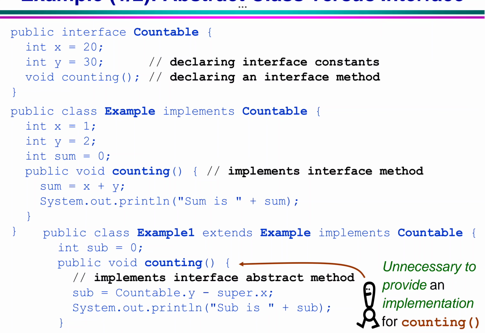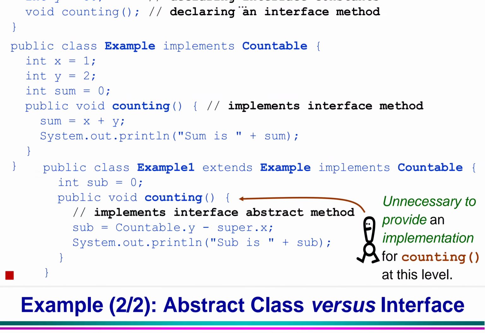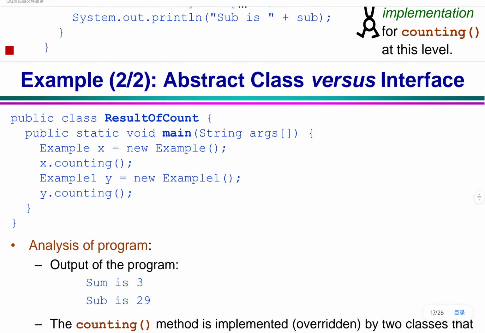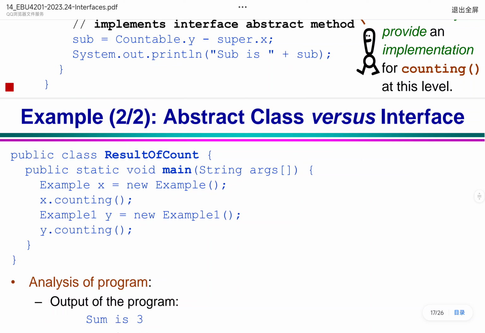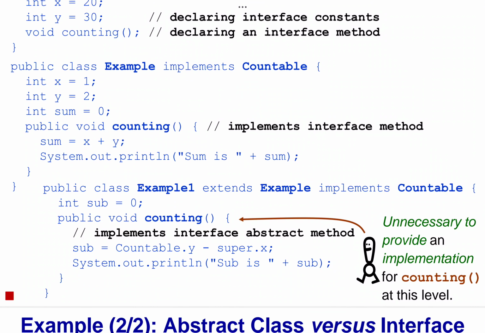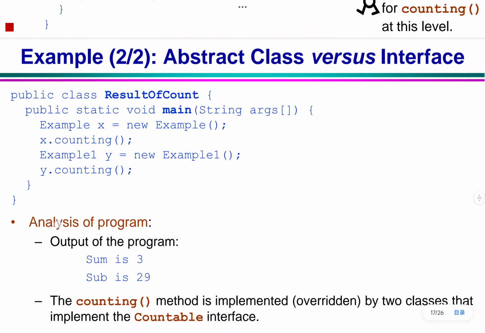What is Countable? Countable is the interface, Countable dot y plus 10. X is the counting. New Example1 has some Example dot counting.